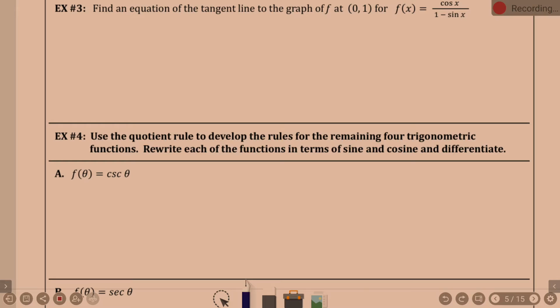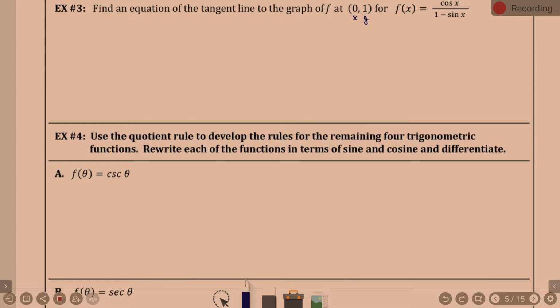What do we need to write an equation of a tangent line? A slope and a point, yes? We have our point, our x, y. What we don't have is our slope. What do we have to do to get to our slope? We have to do the derivative.